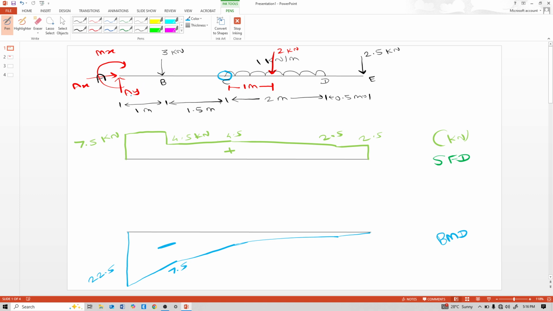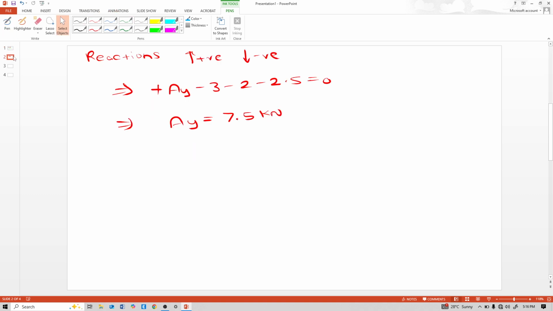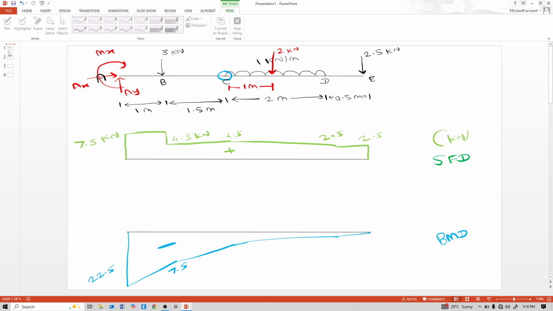Calculate it again. So positive AY into 2.5 minus 3 into 1.5. Positive 7.5 into 3.5 minus 3 into 1.5. AY is 7.5 kN.